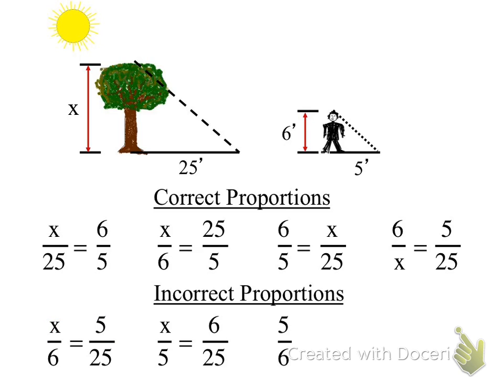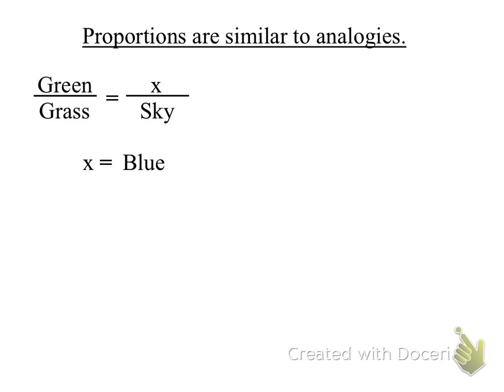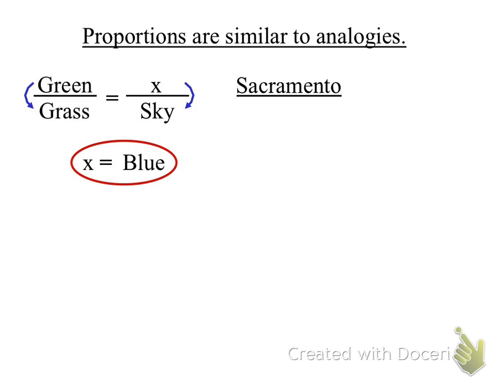What helps us is if we use words. So generally we're going to get, okay, we can do this. I don't really do this for the kids, but green is to grass as what is to sky? Blue is to sky. Sacramento is to California, the capital of California, as DC is what? United States, right?